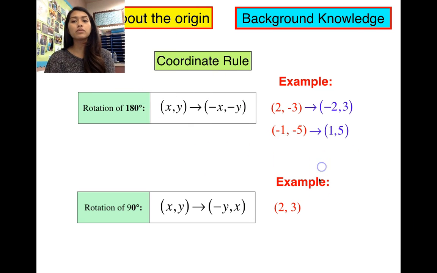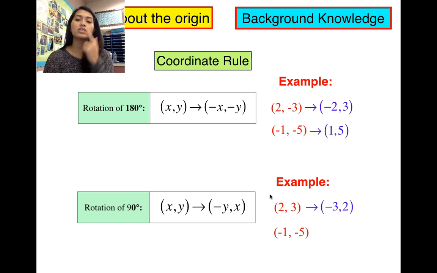So here are some examples. Again, we are going to switch them, but we take the opposite of the new x coordinate, leaving us with negative 3, 2. And again, here we're going to switch the ordered pairs, and then we're going to take the opposite of the new x coordinate, which is technically the old y coordinate, leaving us with 5, negative 1.